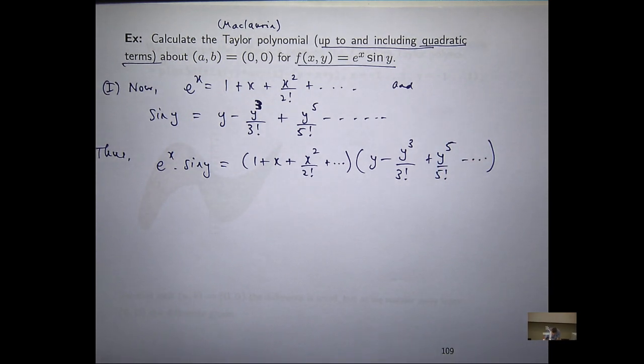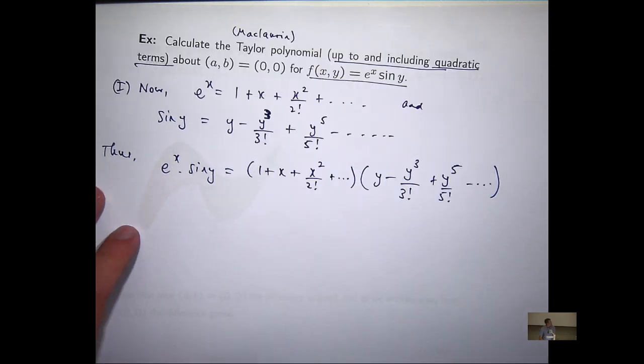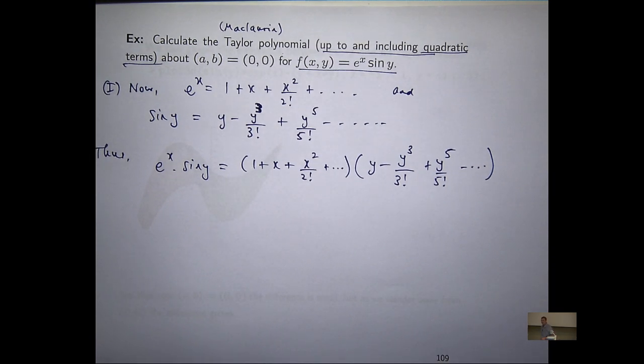Now, you might think, hang on, how am I going to multiply that together? Well, the first thing is we are not worried about the series. We're just worried about the first few terms, the polynomial. So from a method point of view, what I'm going to do is pick out the first few terms, look at how I can multiply them, and just take the ones I need. Essentially, my polynomial is going to have constants, x's and y's, x squareds and y squareds, and xy. Some of those, nothing else.